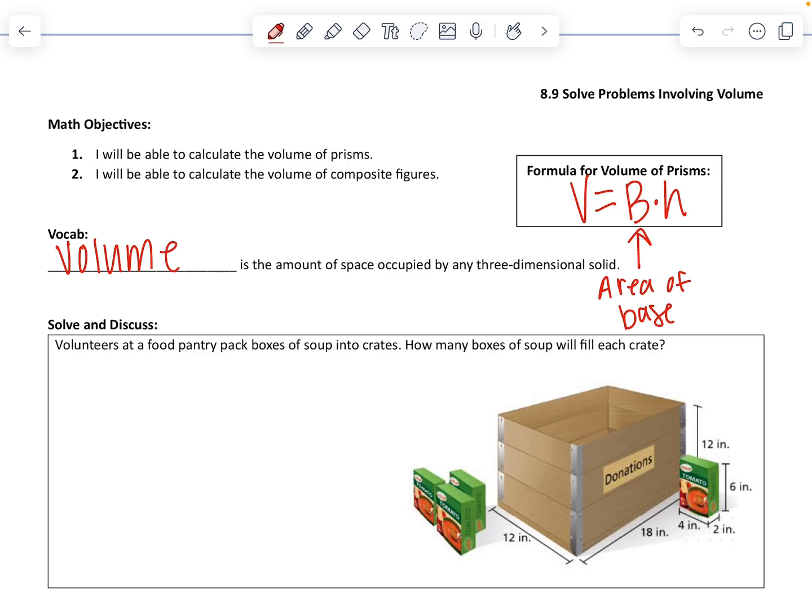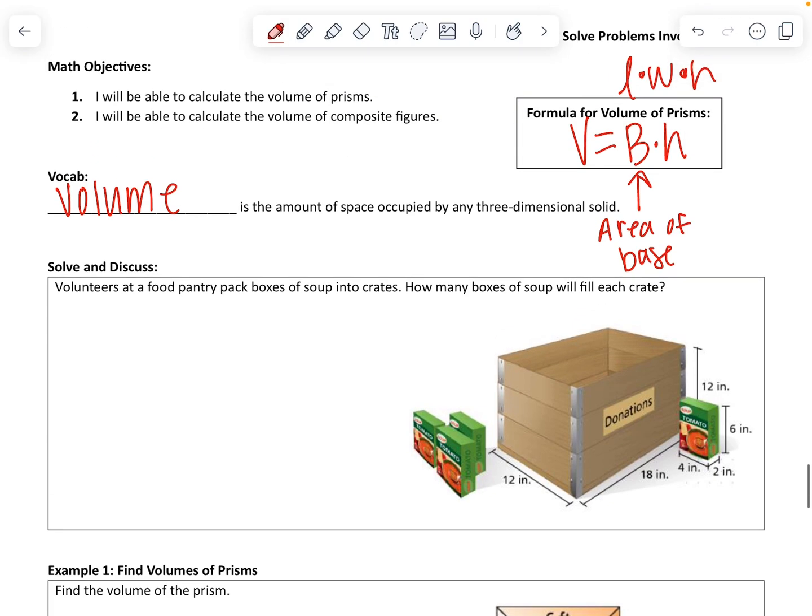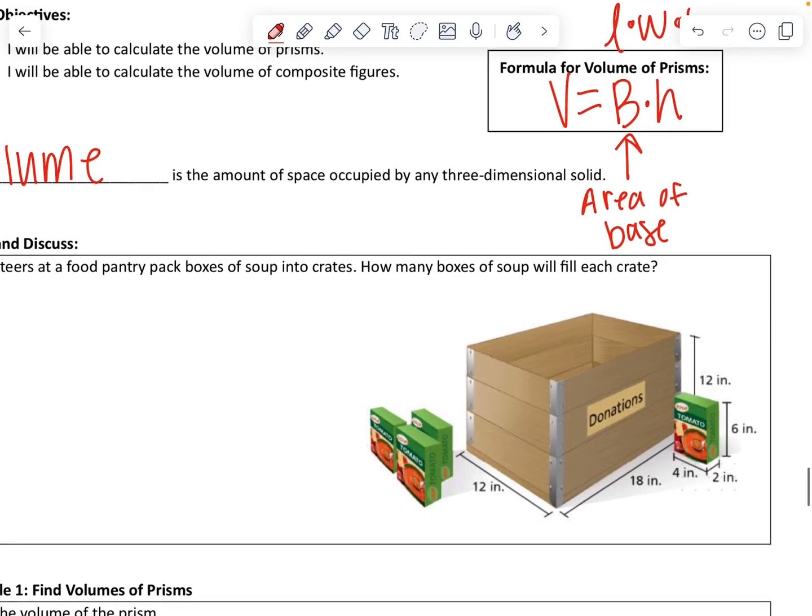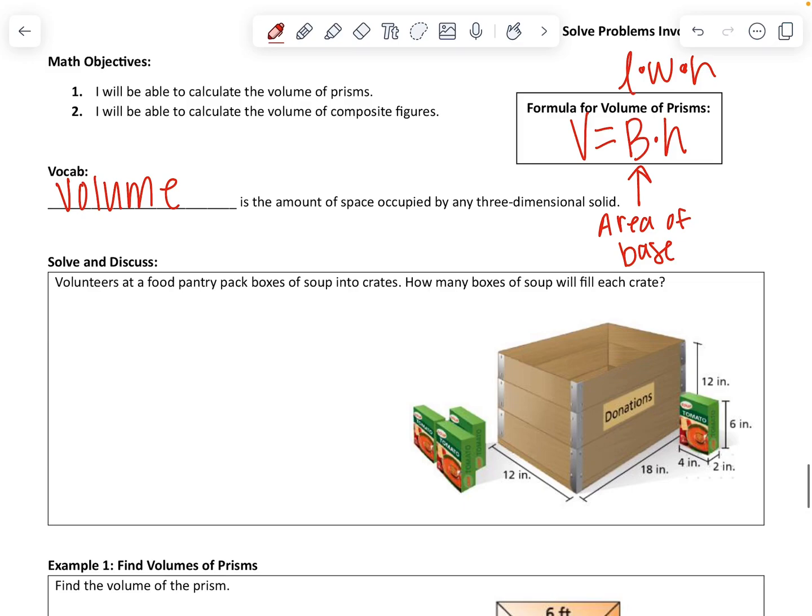If you think of volume that you've learned before, it's length times width times height. Well, if we're trying to find the volume of this box, length times width, that's 12 times 18, which is also the area of the base.